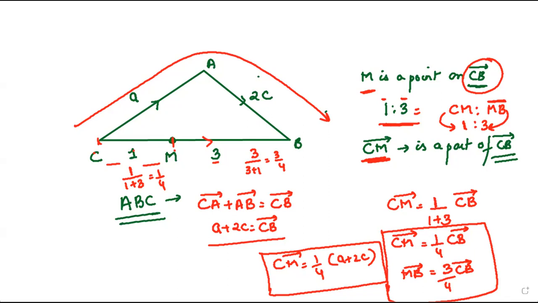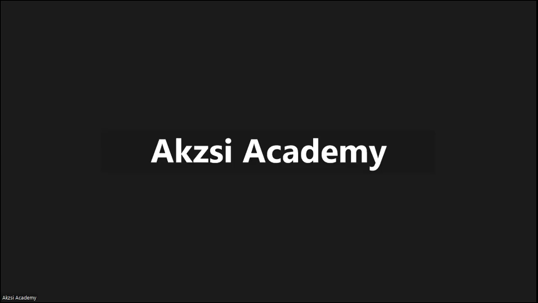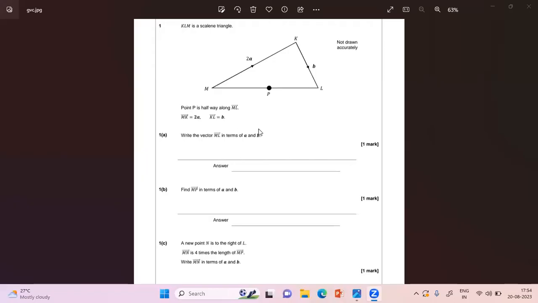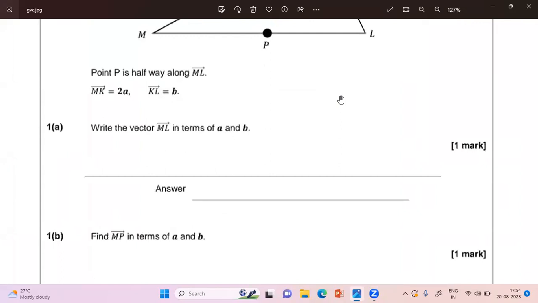Okay, let me share one question. Okay, try to solve this if it's okay.